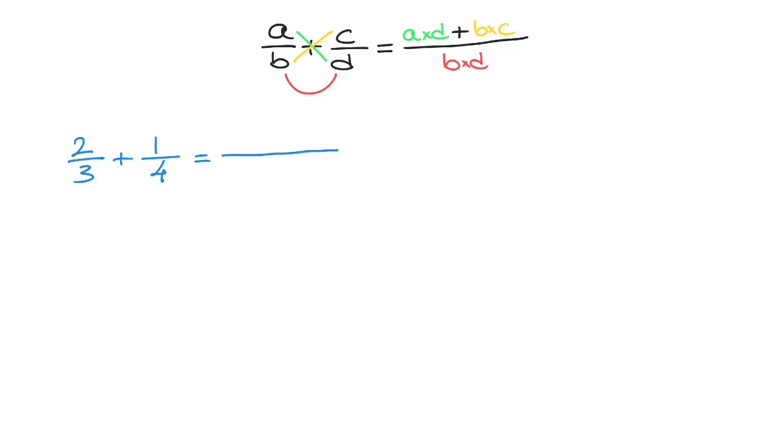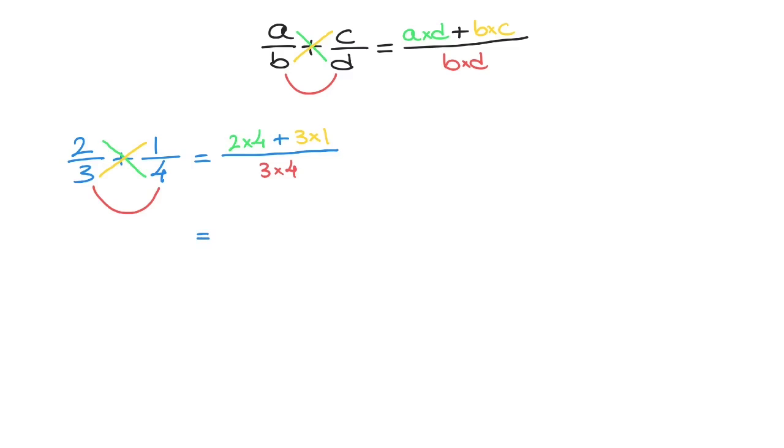And this formula tells us that this equals 2 times 4, plus, because we're adding these fractions, 3 times 1, all of that over 3 times 4. Okay, all we have to do now is calculate.